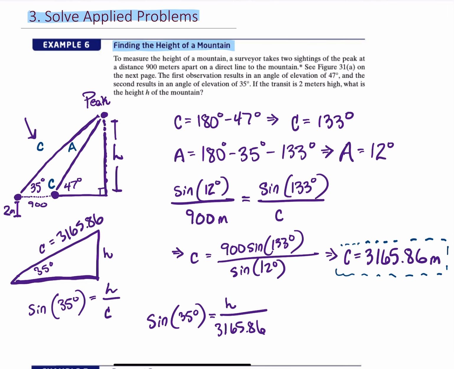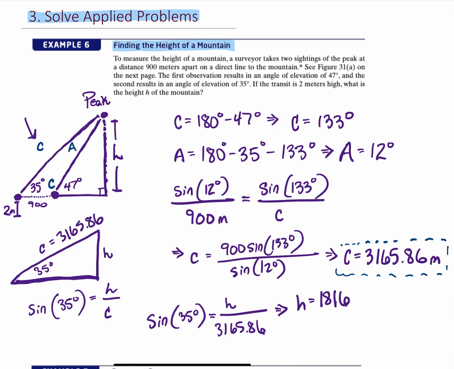So if you plug that in, sine of 35 times 3165.86, and let's round to the nearest meter, we get that H equals 1,816.